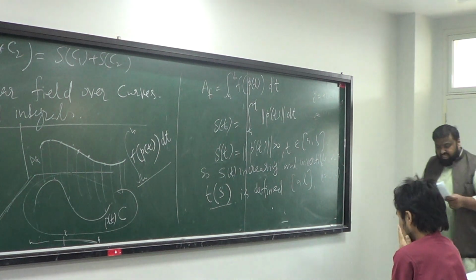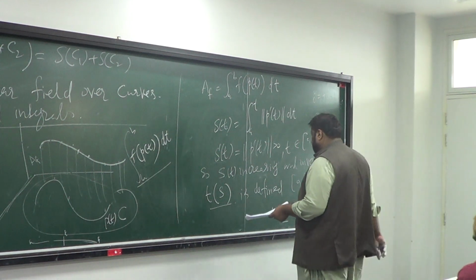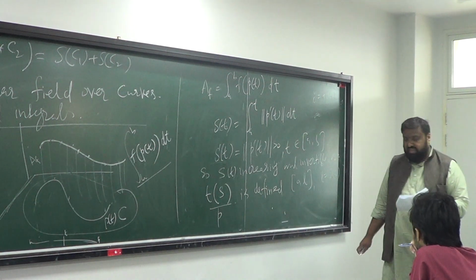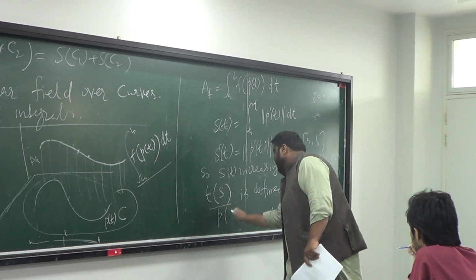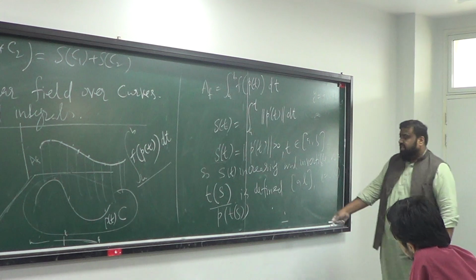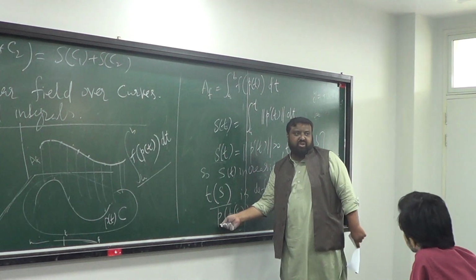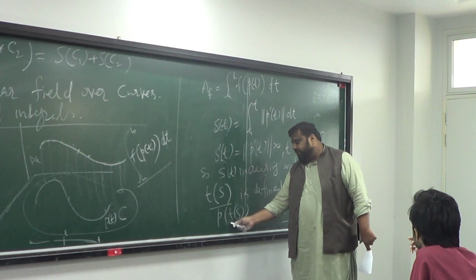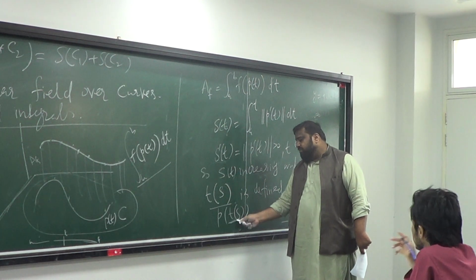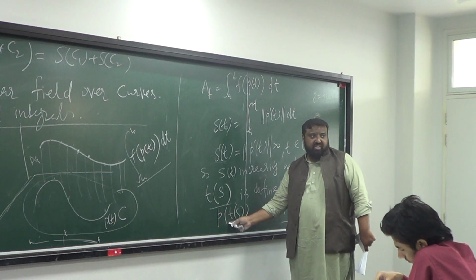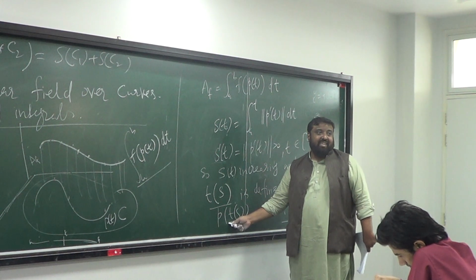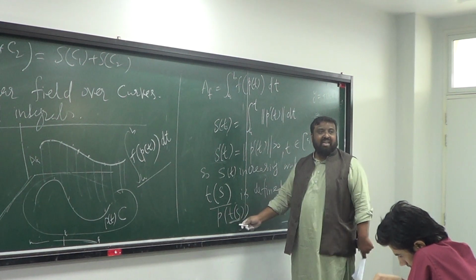And the reparameterization: if I take this P and substitute this T into S, I get the parameterization of P in terms of S. When you do differential geometry, we call it the natural parameterization or arc length parameterization.